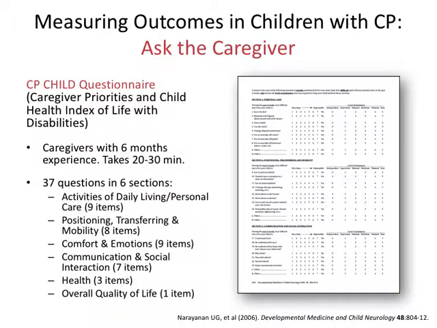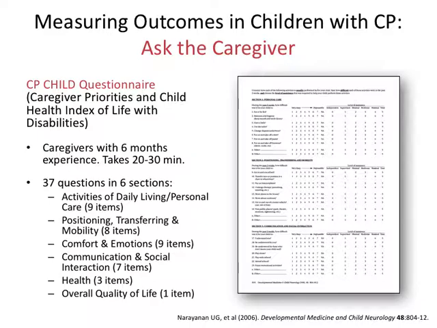The CP Child questionnaire, developed by collaborators in Toronto, has been very effective and now has multiple studies that use it as the benchmark outcome instrument for describing the overall quality of life for children who are non-ambulatory and who have limited communication abilities.